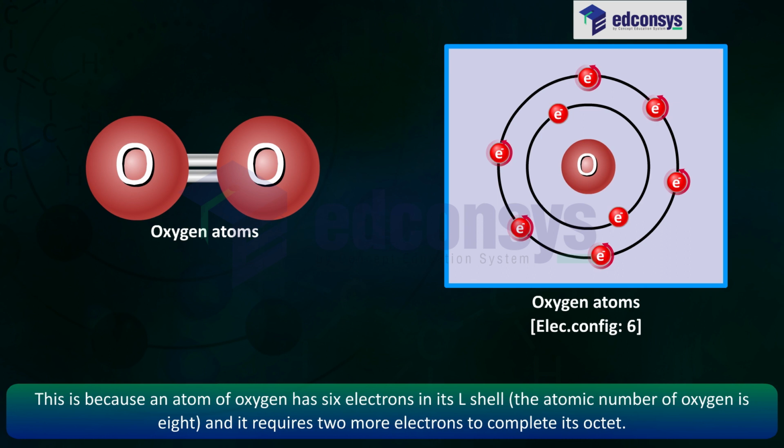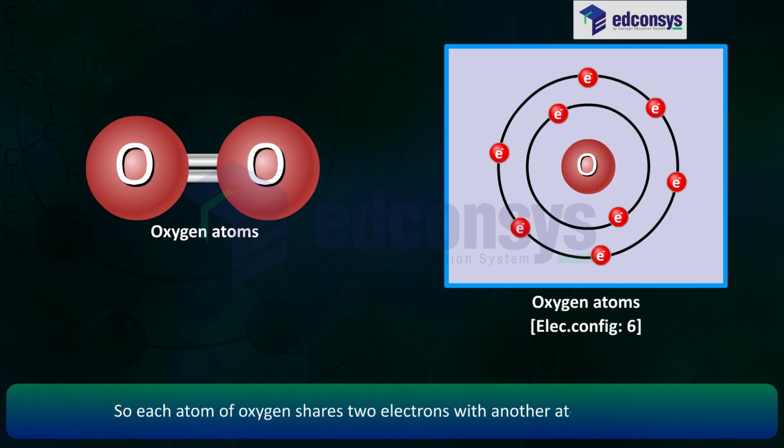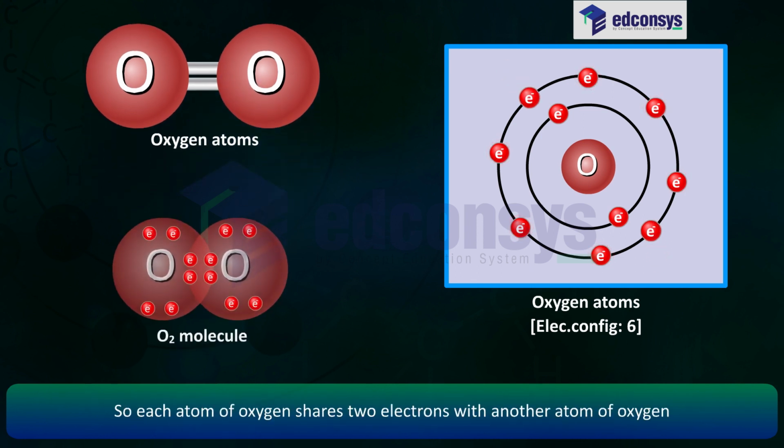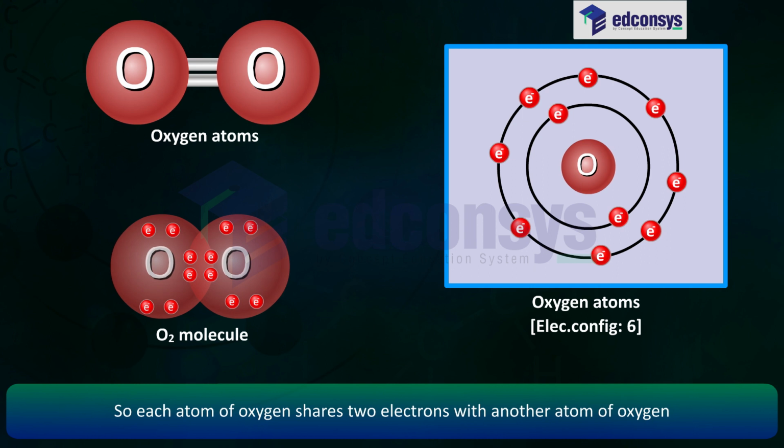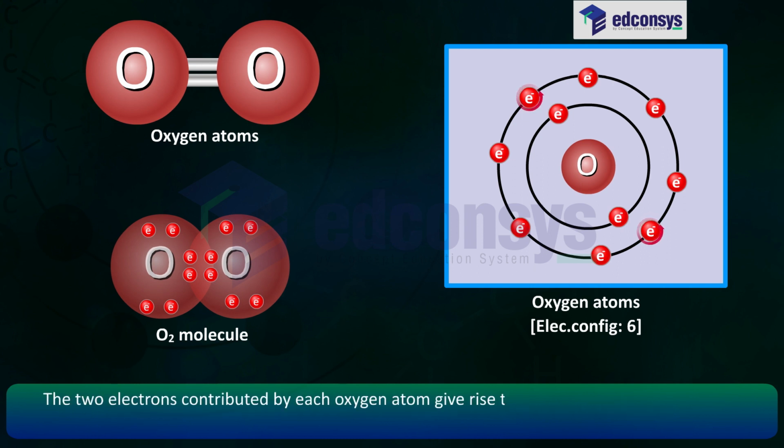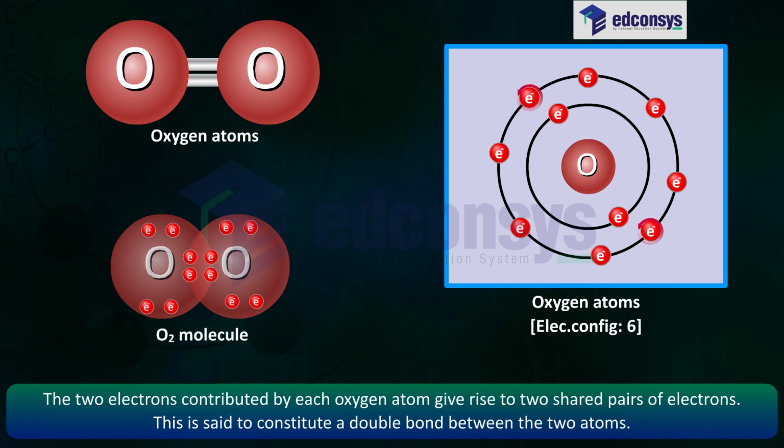The atomic number of oxygen is 8 and it requires 2 more electrons to complete its octet. So each atom of oxygen shares 2 electrons with another atom of oxygen. The 2 electrons contributed by each oxygen atom give rise to 2 shared pairs of electrons. This is said to constitute a double bond between the 2 atoms.